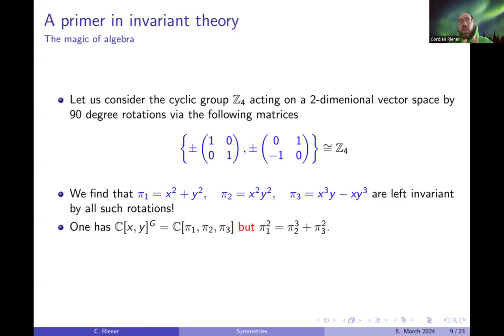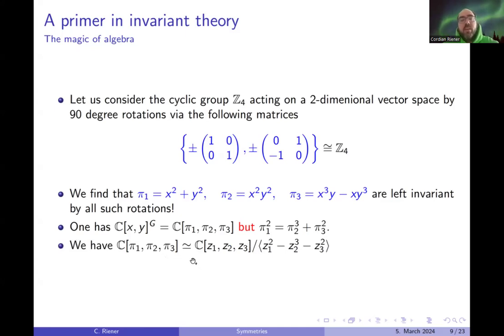Okay, so we have this operation. We still have a ring that is finitely generated. However, it is not freely generated. There are dependencies amongst the polynomials, so we have to mod out these relations.